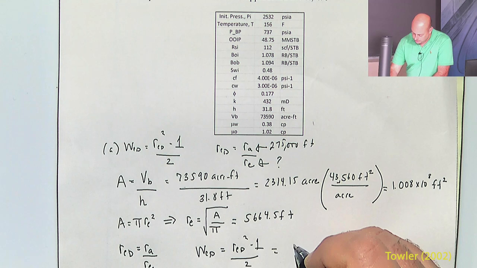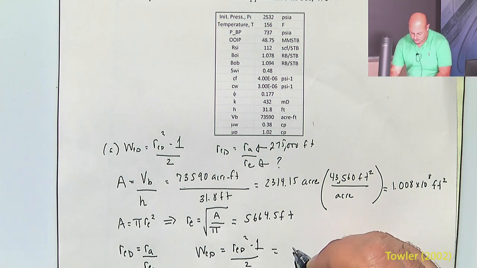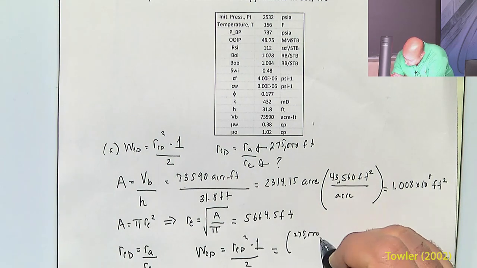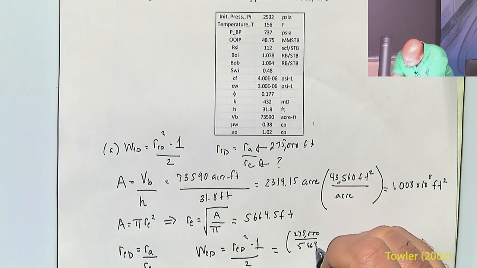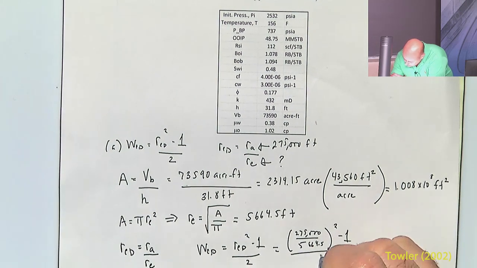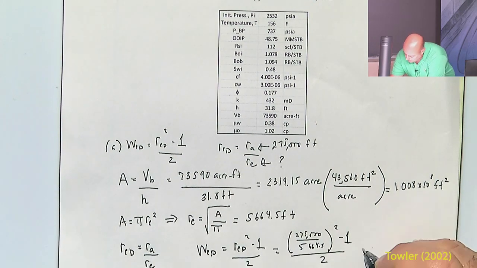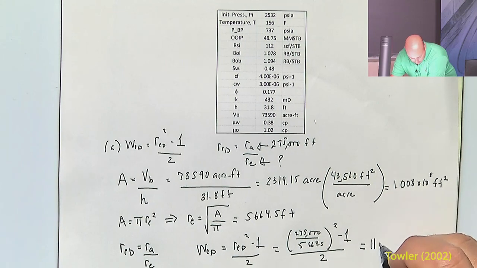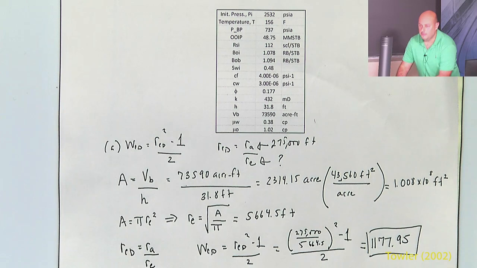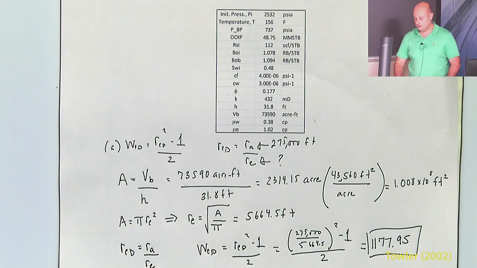So how did you do that? 275,000 over 5664.5 for RED, and then that squared minus 1, and then the answer for that was 1,177.95 dimensionless. Good, that's what I got. And you're right, it's dimensionless. There's no units here, that's important.